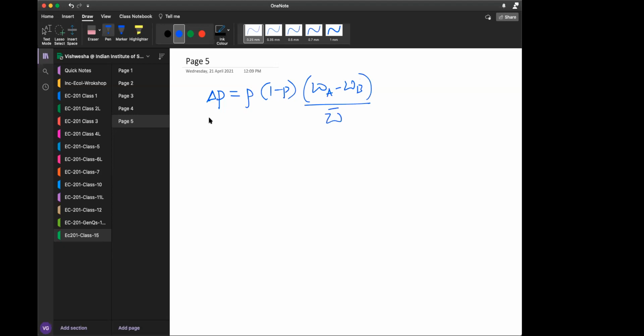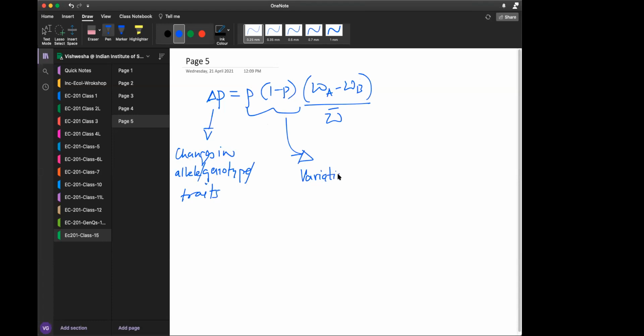So the left-hand side is changes in allele, genotype, or phenotype, or anything that you have chosen to measure, changes in that comes from variation in traits, multiplied with, what is this term?